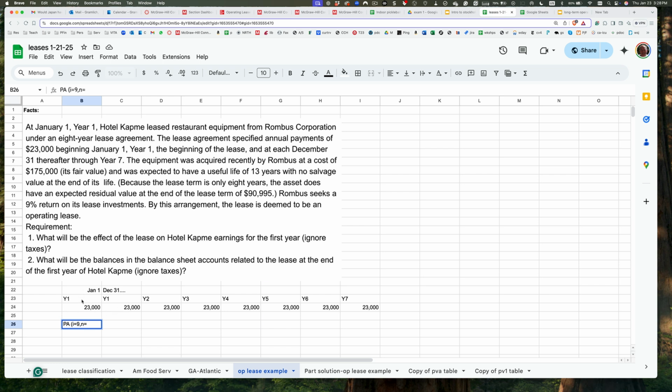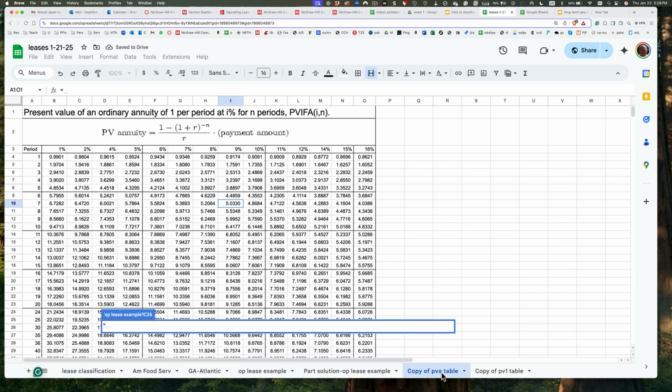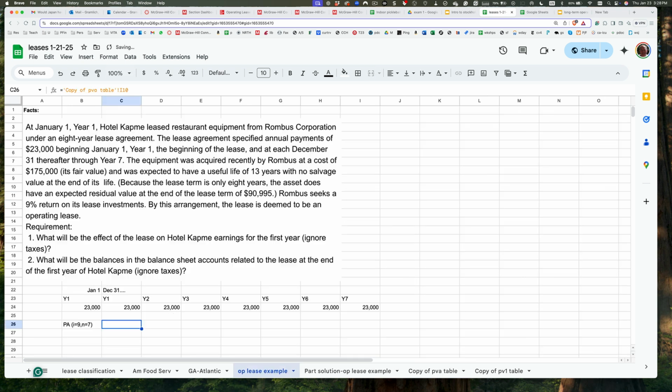Okay, so we're doing it on January 1. We have 7 future payments: 1, 2, 3, 4, 5, 6, 7. N is 7. And so that's going to be a factor of I9 N7. That's this number right here. And I'm going to put some digits in here, like that.